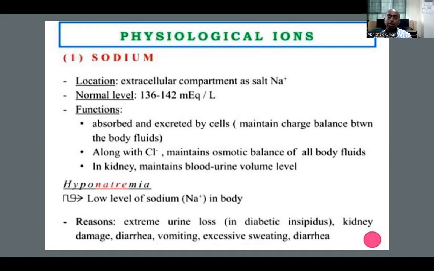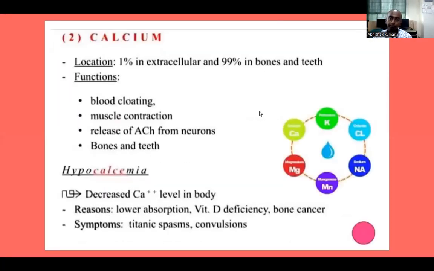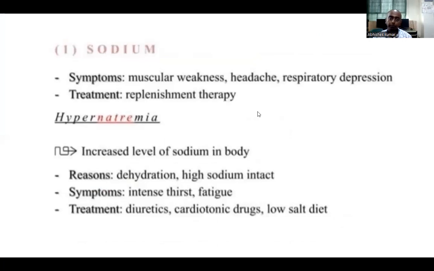Hyponatremia is the disease caused when the sodium level is lower in the body.